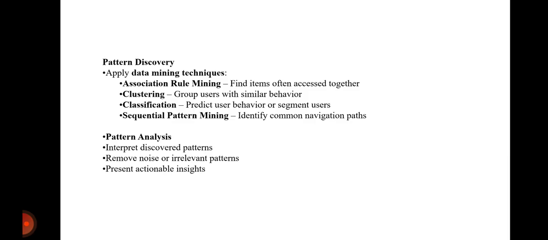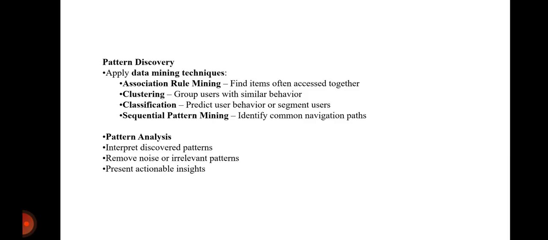Association rule mining is a data mining technique that discovers interesting relationships and patterns, such as if-then statements, between variables in large data sets. It is used to find items that frequently occur together, with applications like market basket analysis, revealing which products are often purchased in the same transaction.